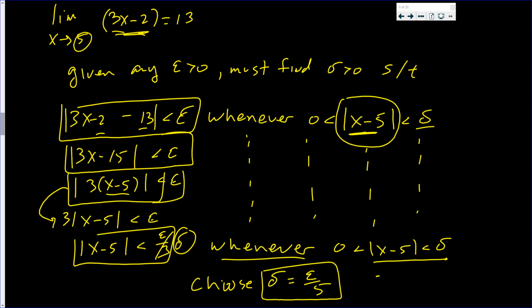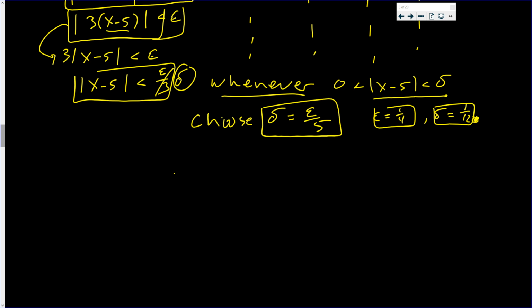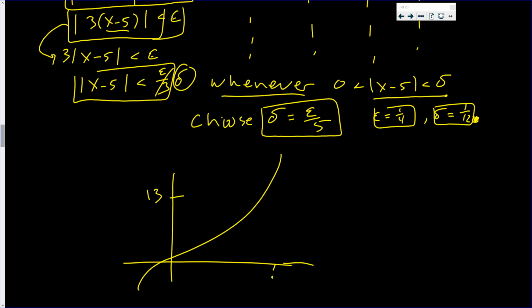So if I give you epsilon to be 1/4, you should say, okay, delta is going to be epsilon over 3, which is 1/12. Okay? So since the limit is 13, here's some function, straight line or not, as x gets closer and closer to 5, we claim that f of x gets closer and closer to 13.